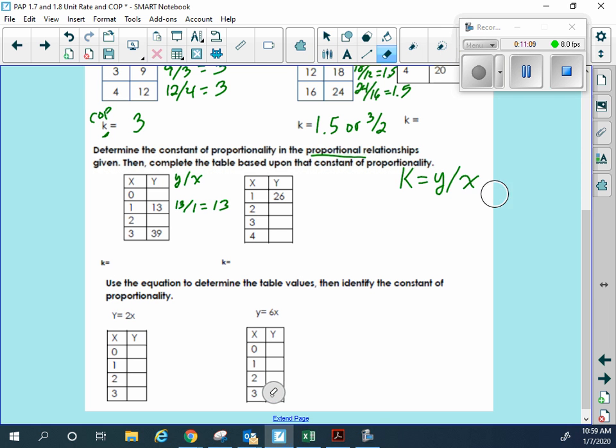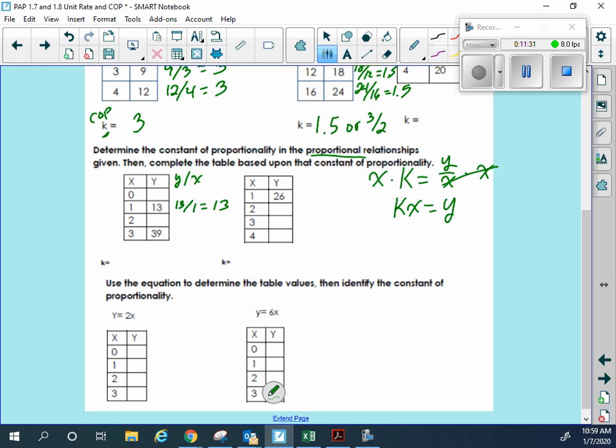Would it help you if I rewrote this to be up and down? How would I get rid of this x? Multiply by x, and those go away, correct? What you do to one side, you do to the other, and so now y equals kx. Do you see that?